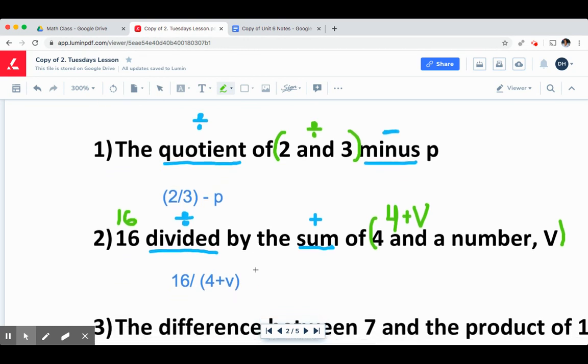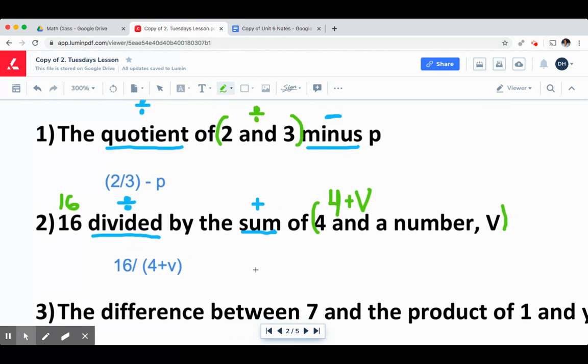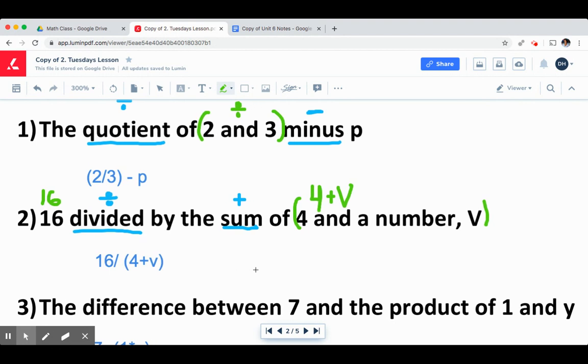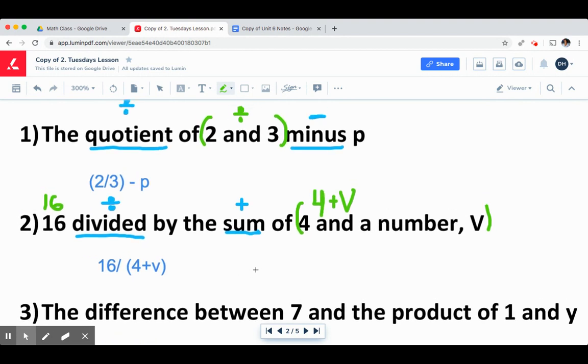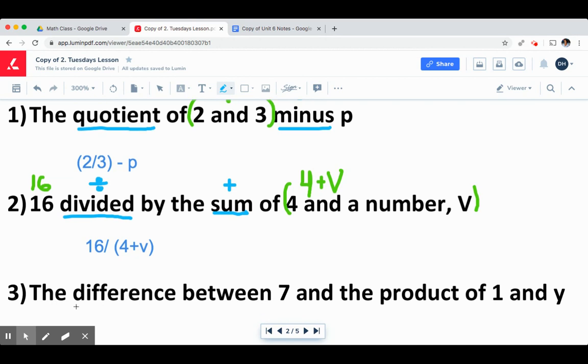Number 3. The difference between 7 and the product of 1 and y. Let's hear what you guys think. So for number 3, the word difference tells us that we're going to be doing subtraction, and the word product tells us that we're going to be doing multiplication. So now we need to think, what are we subtracting and what are we multiplying?